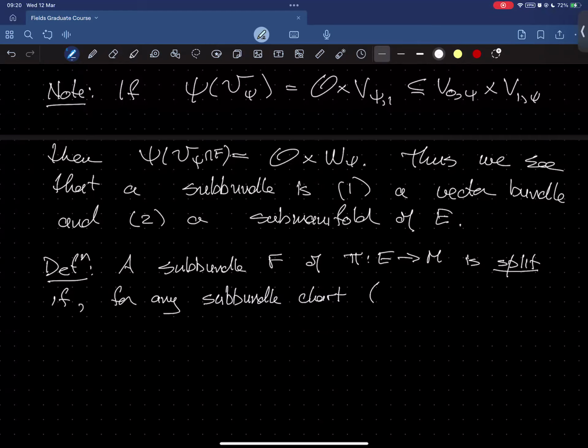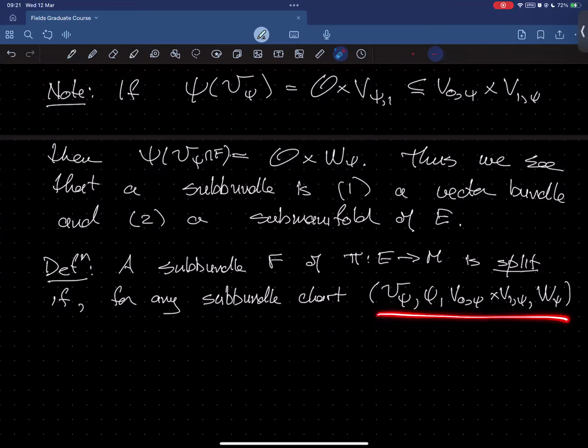okay, so a subbundle chart is going to be a vector bundle chart, V psi, V0 psi, V1 psi. And then we have this sequentially closed subspace, W psi of V1 psi. So this is going to be my notion of a subbundle chart, just like I had a submanifold chart. For a submanifold chart, I took the manifold chart and then tacked on the subspace that corresponds to the submanifold.